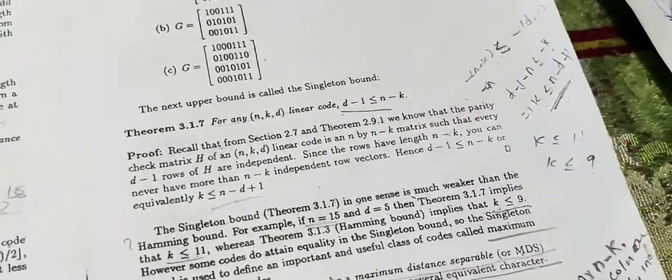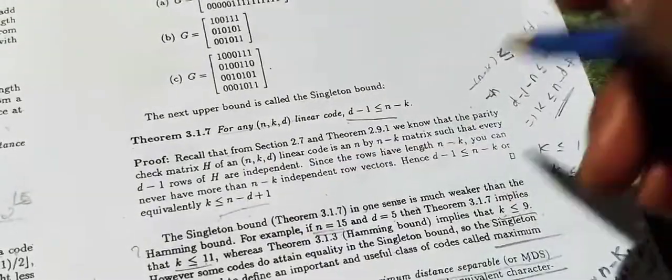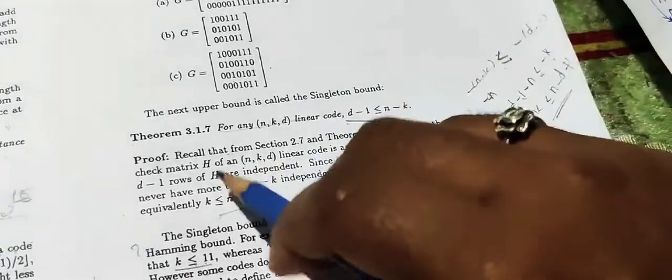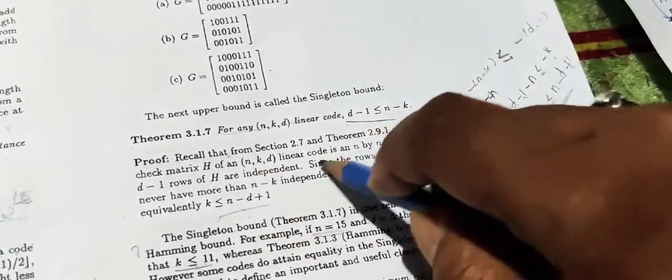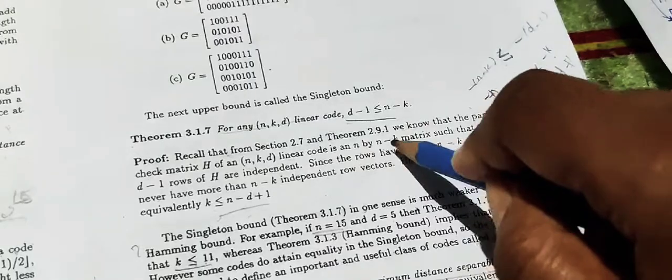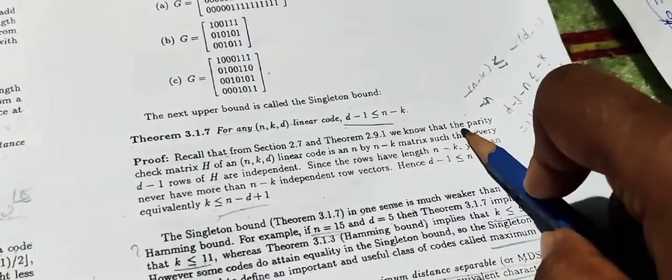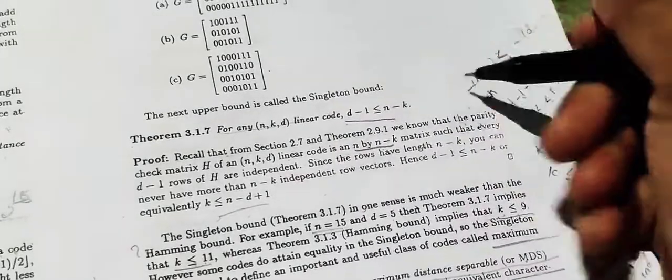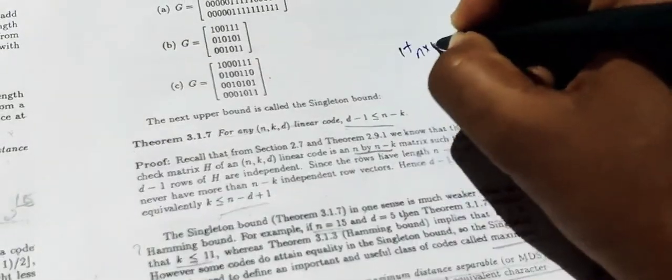So the proof is by a constraint. So the parity check matrix H of an n, k, d linear code is an n by n minus k matrix. Okay, so H is the parity check matrix means what? The parity check matrix is n by n minus k.